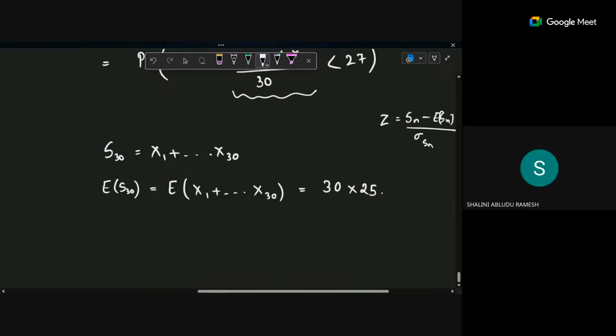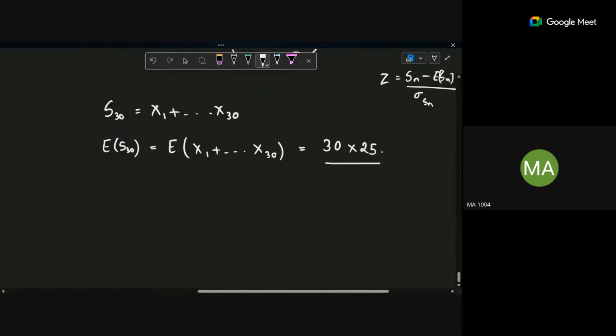Yes, ma'am, but when we divide it by 30, we'll get 25 only. But we are calculating the expectation of S30 only, not dividing it now. So expectation of S30 will be 30 into 25.